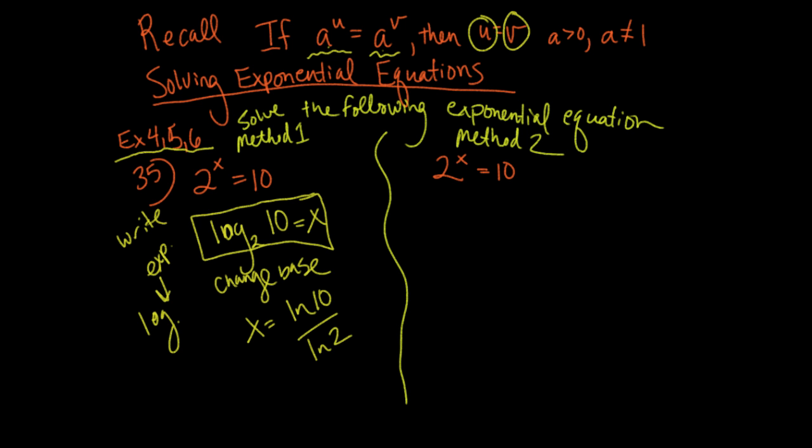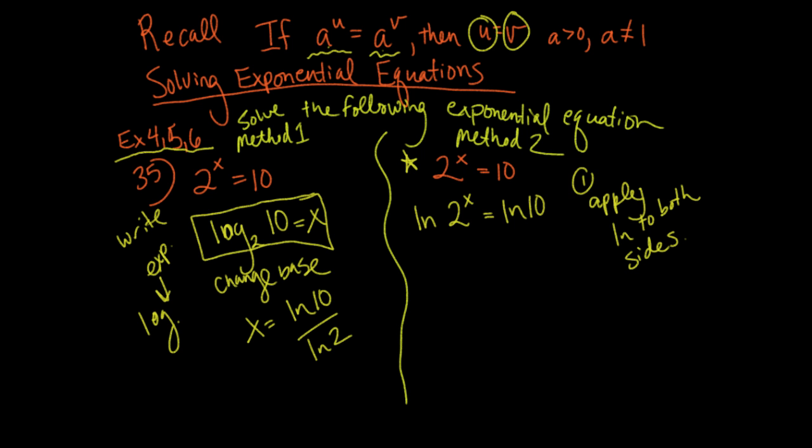That's why I like method 2, and I find that this is the preferred one for me anyways. I'm going to apply the natural log to both sides, because if you do it to one side, you have to do it to the other. So I'm going to take the natural log of 2 to the x, and also the natural log of 10.